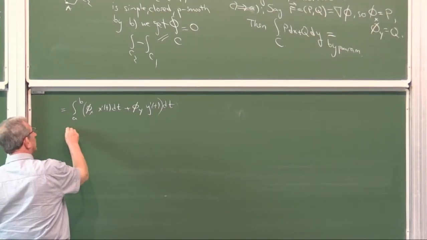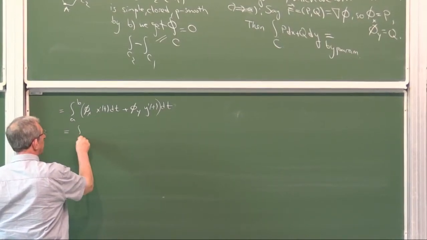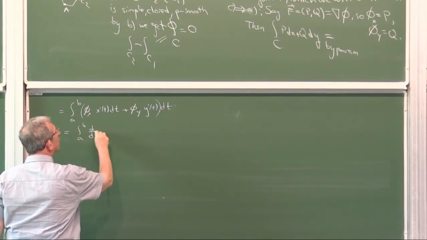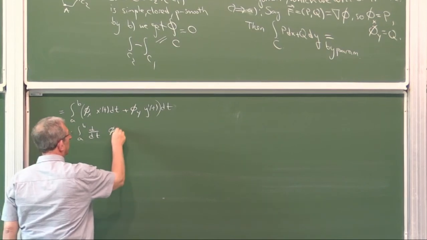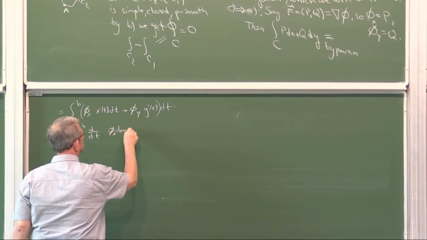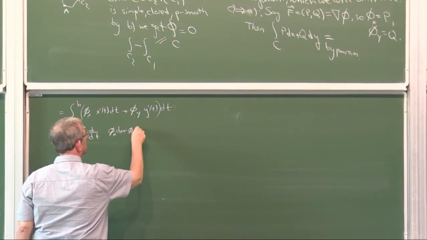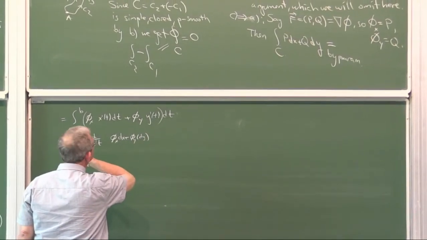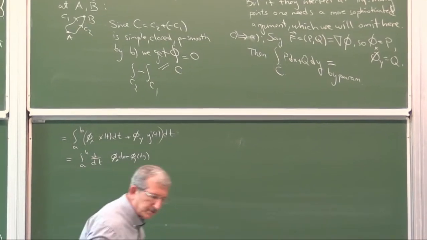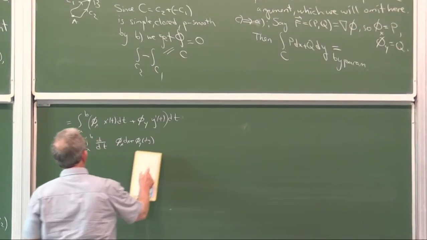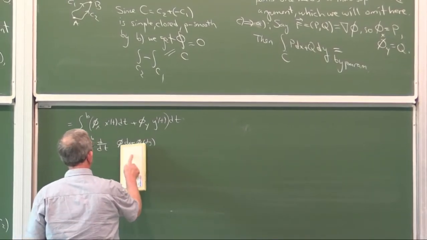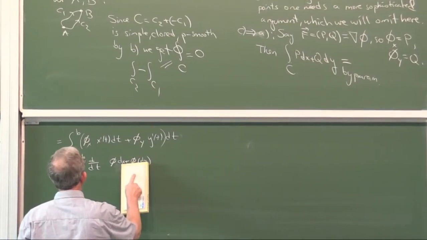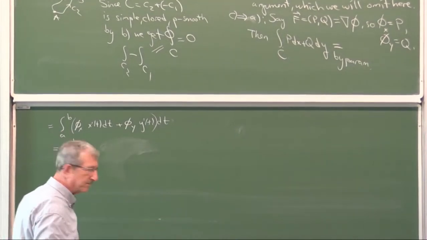And then this becomes the integral from A to B of d by dt of phi. Or rather, let me simplify it.